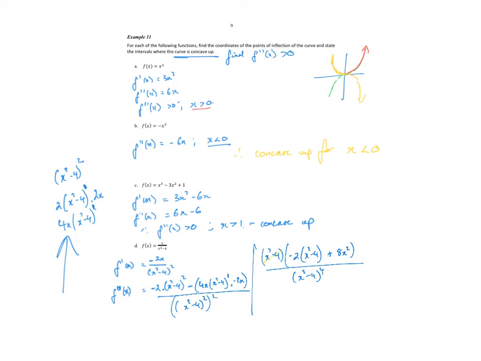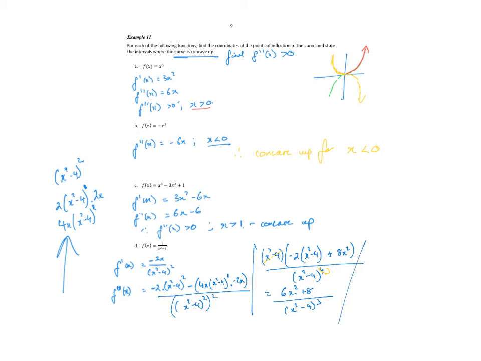So what does that mean? They cancel out to leave me with negative 2x squared plus 8x squared is 6x squared plus 8 all over x squared minus 4 cubed.